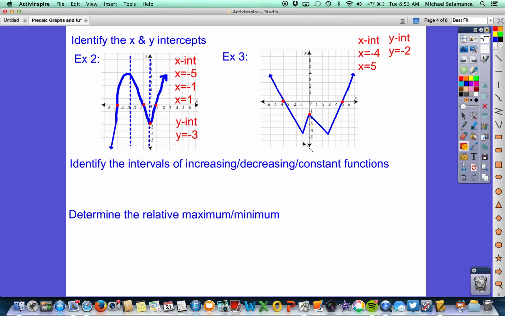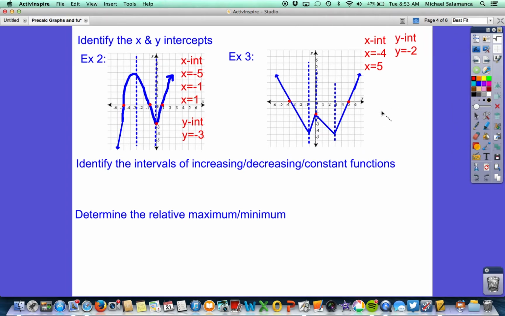We do the same thing for example 3. It's going downwards until here. It's going upwards until here. Downwards until here. And that's it. So let's go through these again.